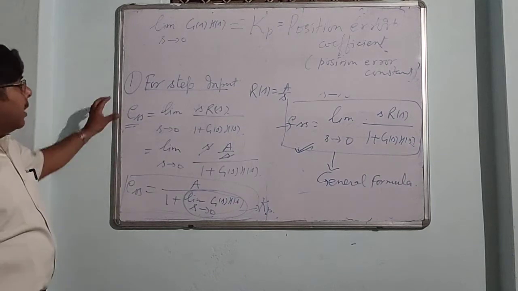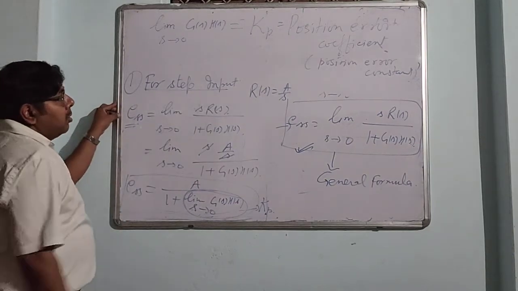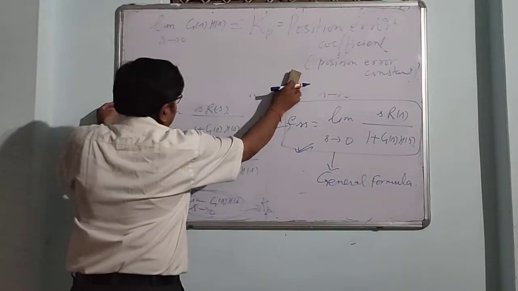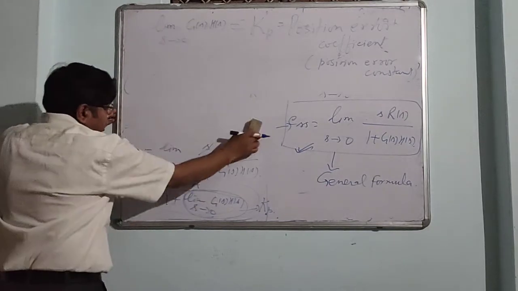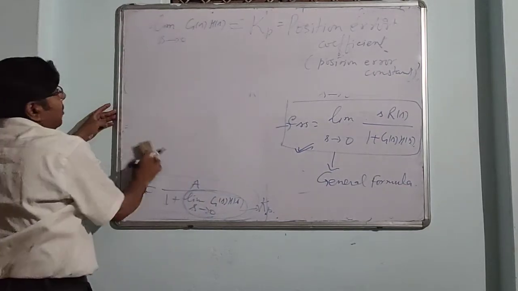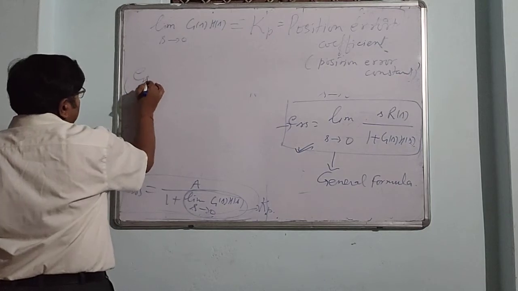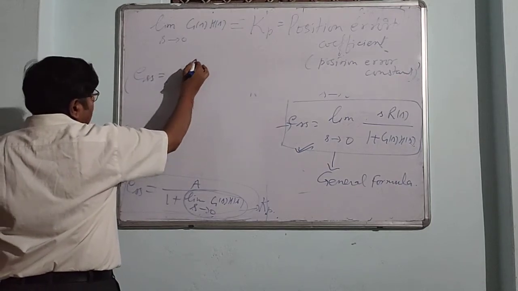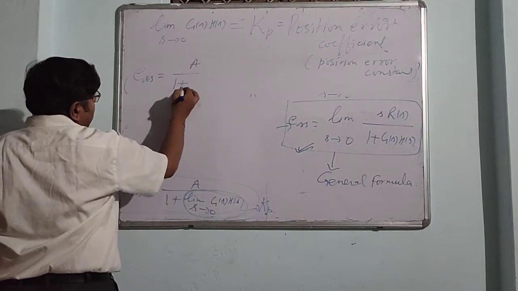So the final expression for step input, what is steady state error for step input, is A upon 1 plus Kp.